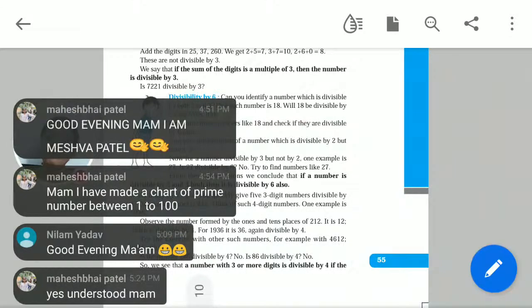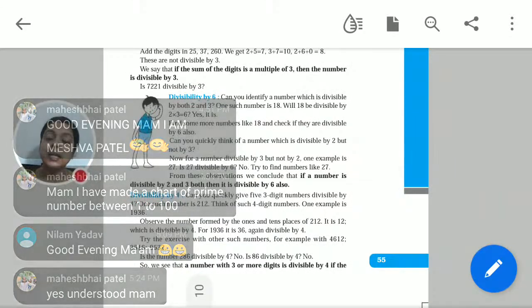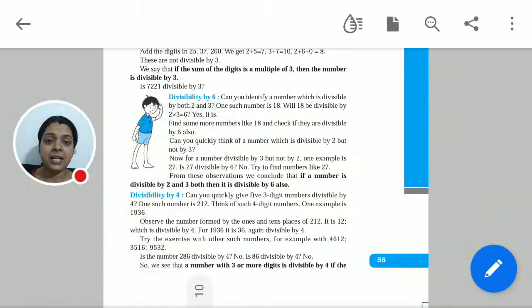If the sum of all the digits is divisible by 3, then it is divisible by 3. Now divisibility by 6: the number must be divisible by 2 and 3 both. If we know the rule of 2 and 3, we can quickly give the answer. Even numbers are divisible by 2, and if the sum is divisible by 3, then it is also divisible by 6.